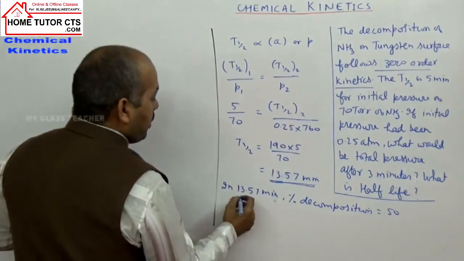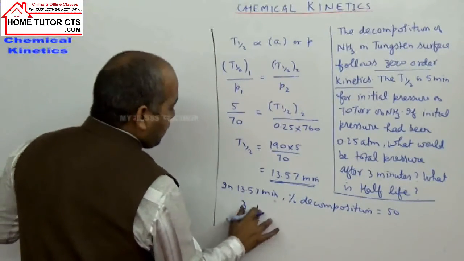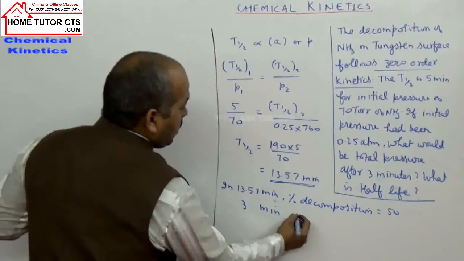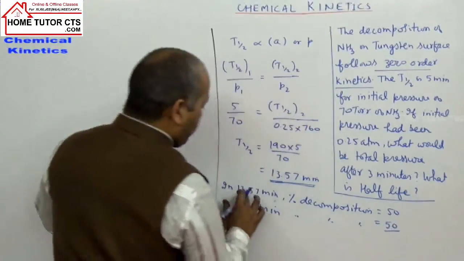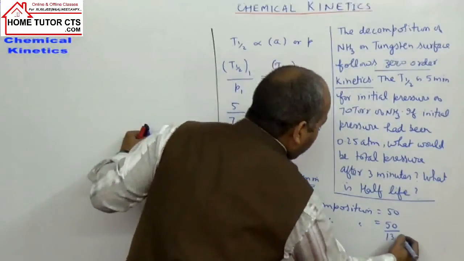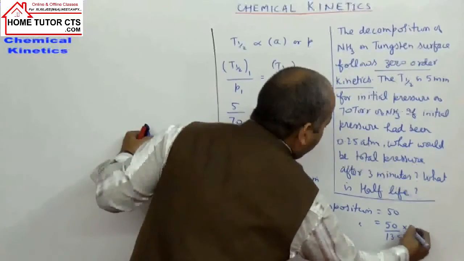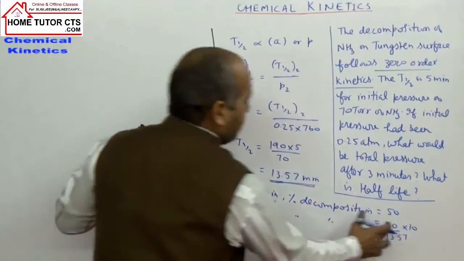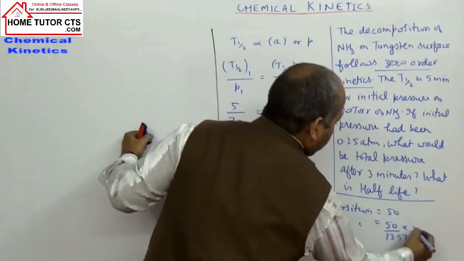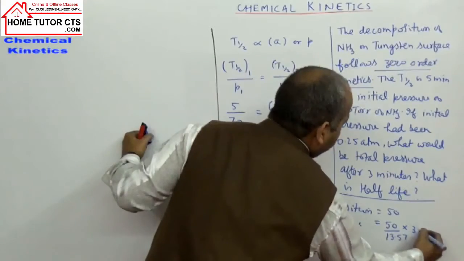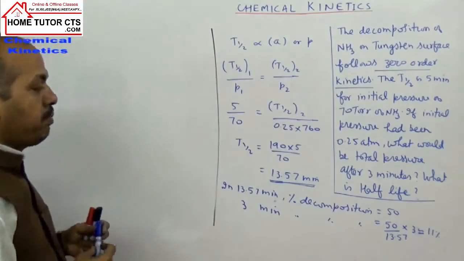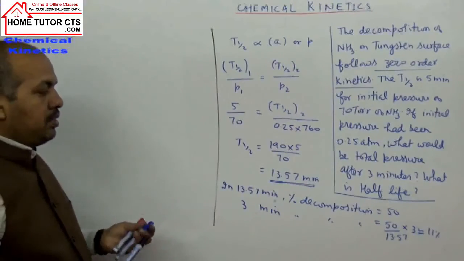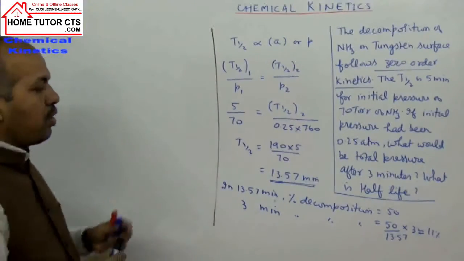So if I take time 3 minutes, how much amount decomposes in percentage terms? 50 divided by 13.57 into 3. Solving this comes around 11%. You can check it out on solving.